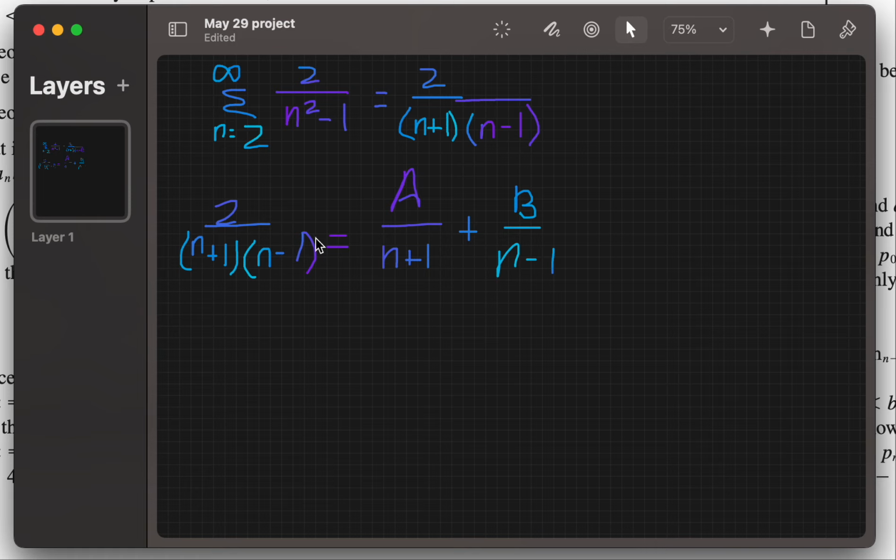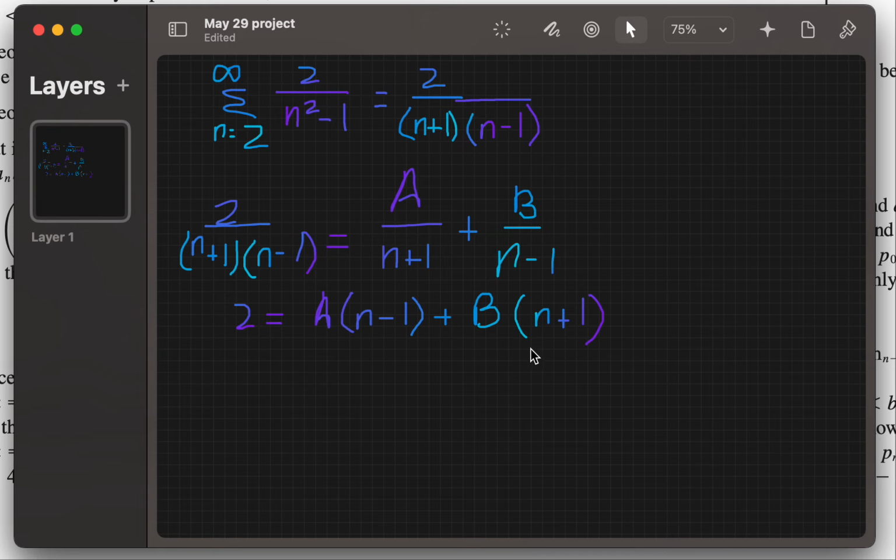You would multiply both sides of the equation by n plus 1 times n minus 1, and that would leave you with 2 equals a times n minus 1 plus b times n plus 1.